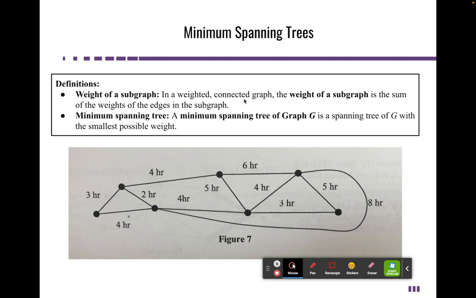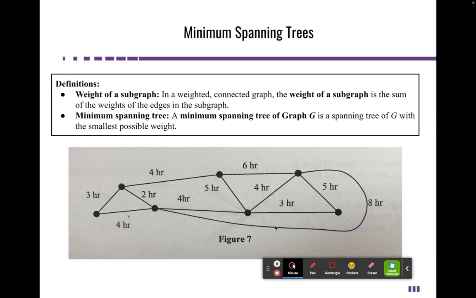In a weighted connected graph, the weight of a subgraph is the sum of the weights of the edges. So you could use this for mileage. If you had to travel between different vertices, which could be locations, and you wanted to find the shortest route, this is what we'd use a minimum spanning tree for. A minimum spanning tree of graph G is a spanning tree of G with the smallest possible weight.